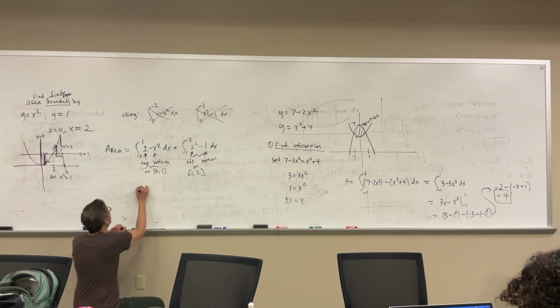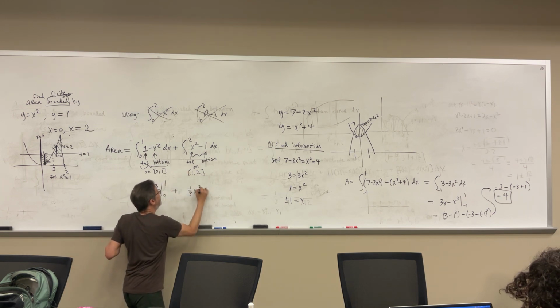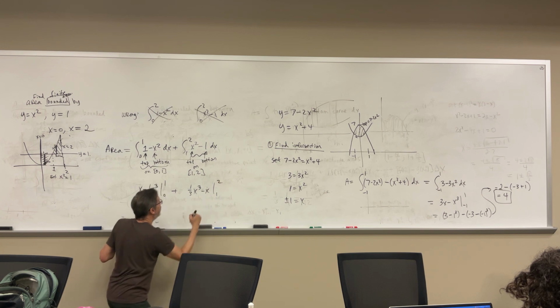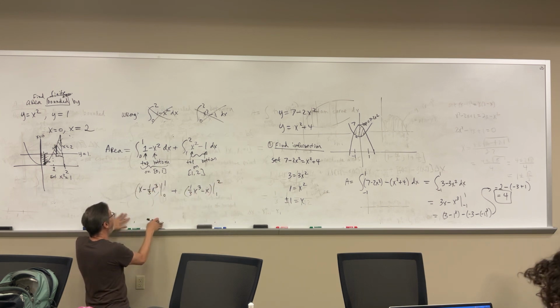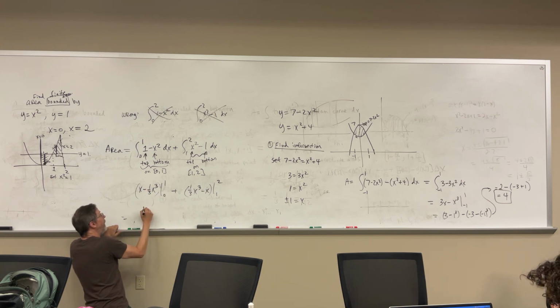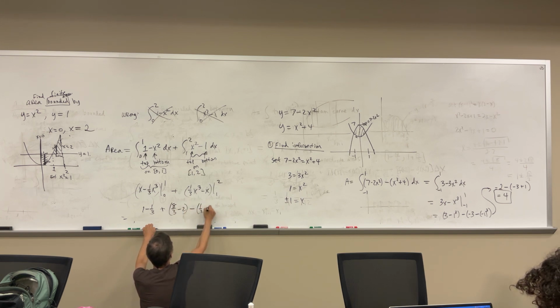So this turns into the integral of x minus a third x cubed from 0 to 1, plus the integral of a third x cubed minus x from 1 to 2. Maybe put parentheses to keep yourself safe. Plug in the 1, we get 1 minus a third. Plug in the 0, you get nothing. Plus, now over here, I'm going to get 8 thirds minus 2, and then plug in the 1, so I get 1 third minus 1. Hook it all together.